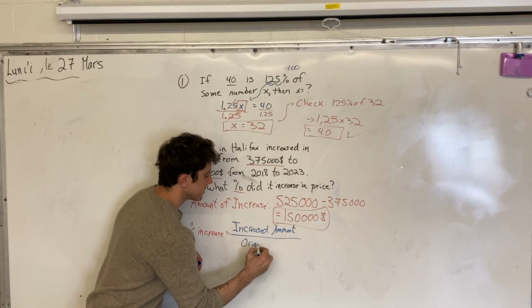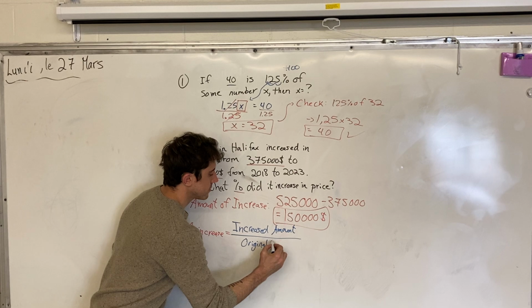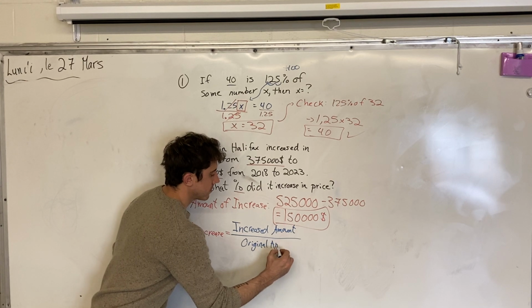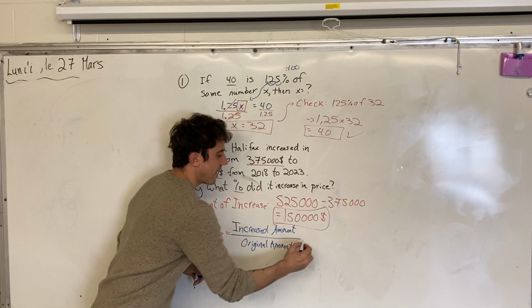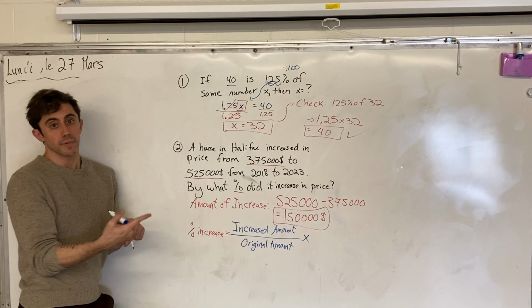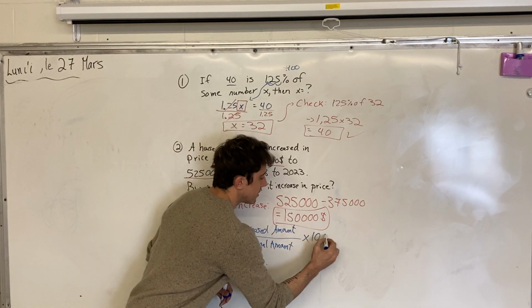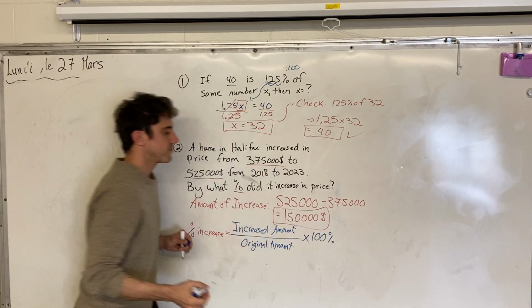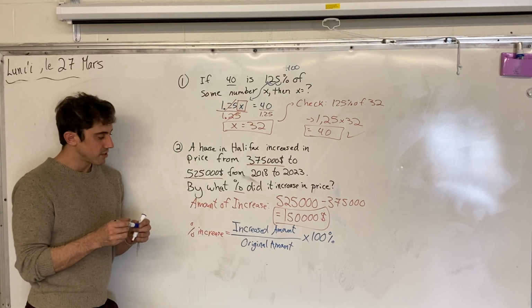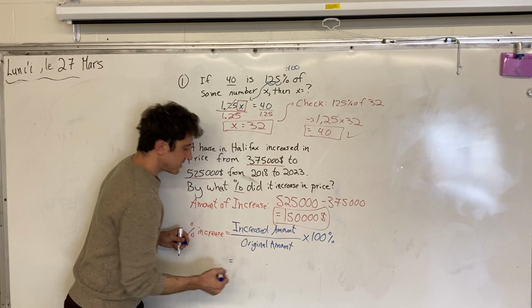Let's write that out since this is our first example like this. Then, since we want the percentage, we're going to multiply this amount by 100%, because percentages are always out of 100.